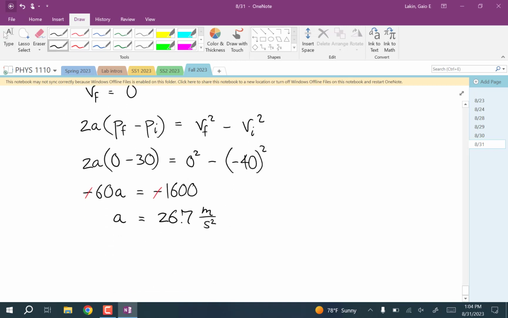Positive, and that's what we got. So even though the number we got looked different, and some of the other numbers look different too, the story that it tells is the same. We know it's moving to the right and slowing down, and this is the amount that it's slowing down. Okay? Let's do one more.